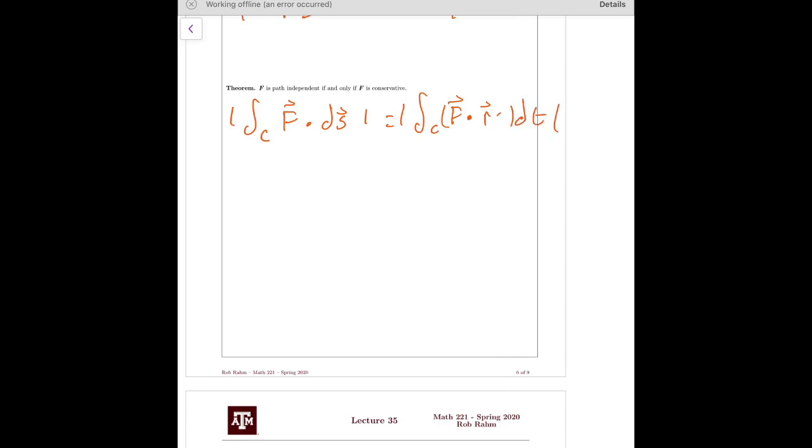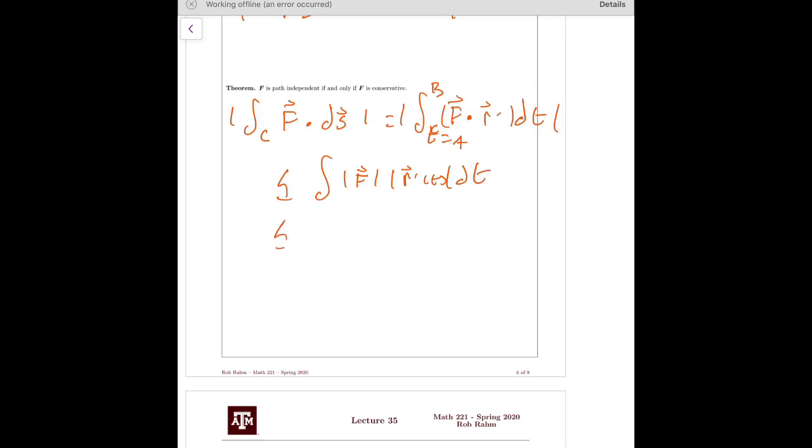Remember, that's how we computed it. Okay, but by the Cauchy-Schwarz inequality, with t equal to a to b, the dot product of f with r prime is less than or equal to the magnitude of f times the magnitude of r prime of t dt.